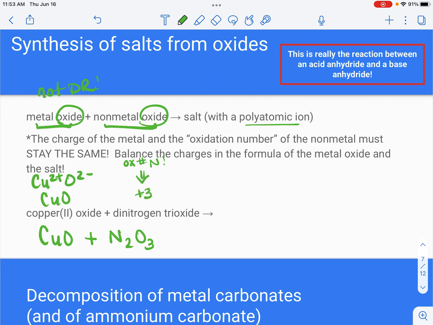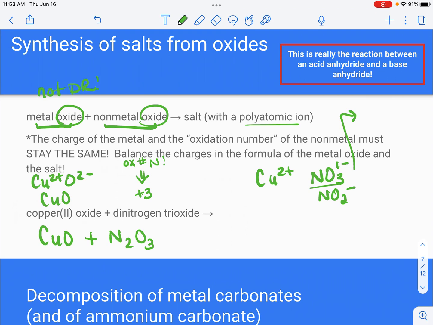On the other side, I'm going to get a polyatomic ion, which is going to be combined with the copper. So it's going to be Cu2+, and then the polyatomic ions you know with nitrogen are either nitrate or nitrite. Okay, so when I do that, it might be easier for you to do the oxidation number from the ion at this point.